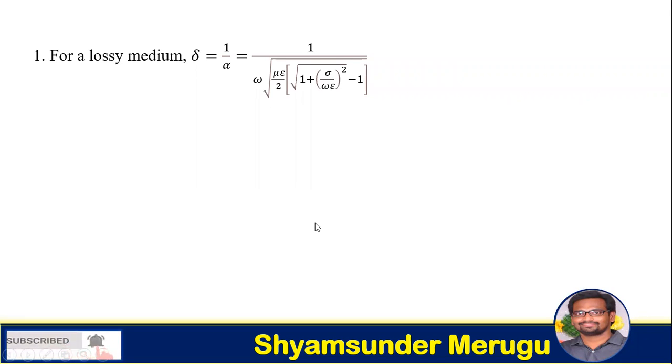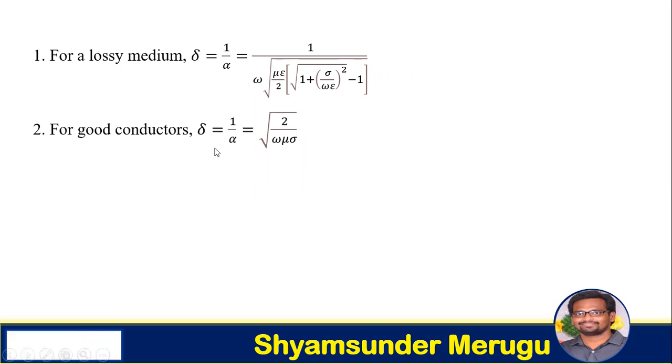We have various mediums, and for those mediums we write the expression of the skin depth. As we know, the skin depth expression is delta equal to 1 by alpha. For the lossy medium, we write the alpha expression in the denominator, so that the delta expression is given like this. For good conductors, delta equal to 1 by alpha, which is equal to square root of 2 over omega mu sigma.